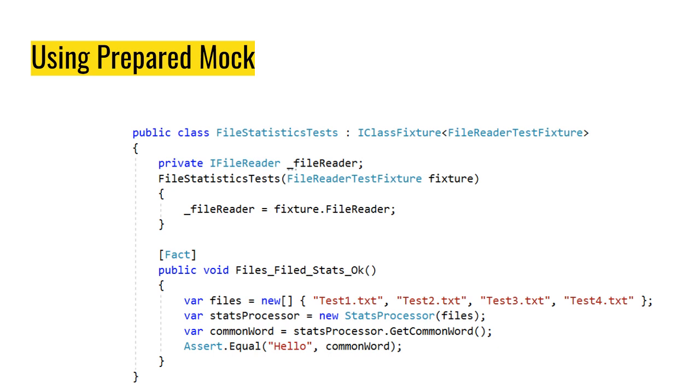Now, if this was white box testing, we would also check if certain methods were called, if certain pieces of code were touched, because that's what we also care about.